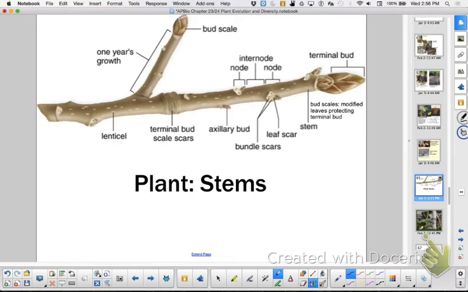They can have little lenticels, which are like stoma of the leaf that allow for gas exchange. If it's a brown stem like this, what gas do they want? If it's a brown stem, it's not doing photosynthesis, so it needs what gas? Oxygen for what process? Who does cellular respiration? All cells. Okay? All right.